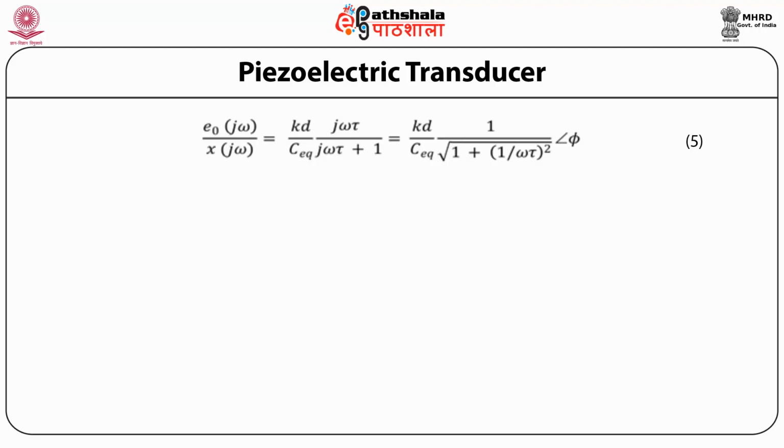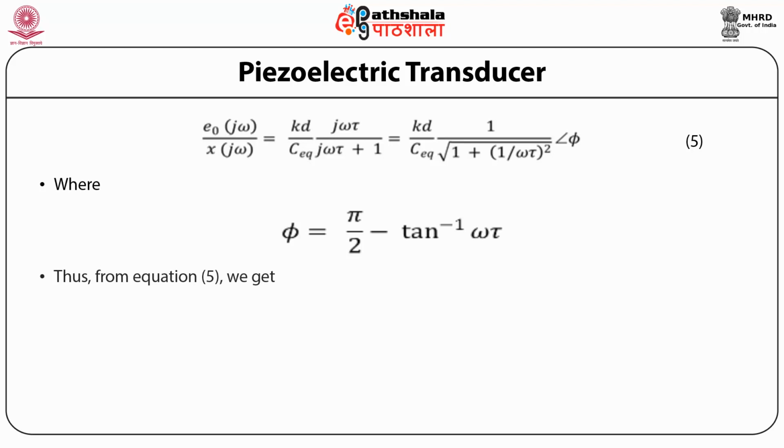This is equal to (k d / C_eq) multiplied by 1 / sqrt(1 + (1/ωτ)^2) multiplied by angle φ, where φ is π/2 minus tan inverse of ωτ. So from this equation, we get E0(jω)/F = (d / C_eq) multiplied by 1 / sqrt(1 + (1/ωτ)^2) with angle φ.